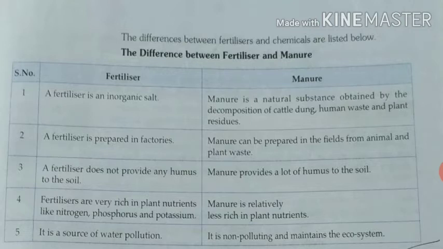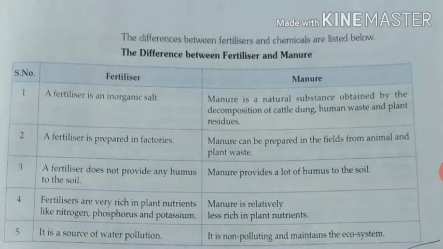Now about manure, manure is absorbed slowly by the plants because it is not much soluble in water. But fertilizers are soluble in water.